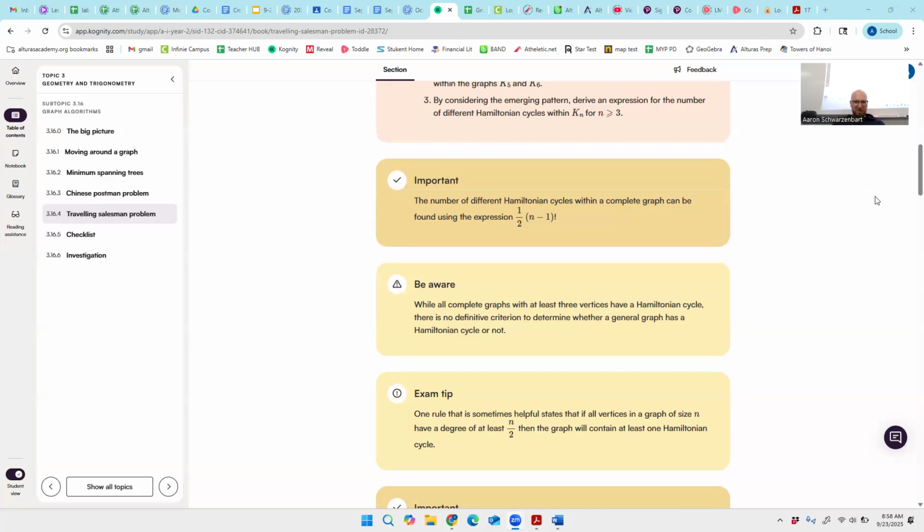Be aware, while all complete graphs with at least 3 vertices have a Hamiltonian cycle, there is no definitive criterion to determine whether a general graph has a Hamiltonian cycle or not. So what's a complete graph?